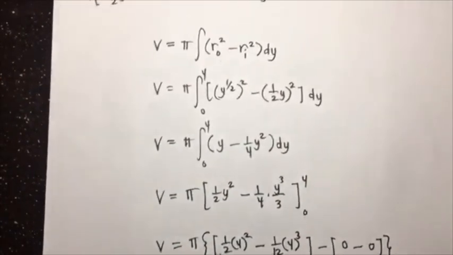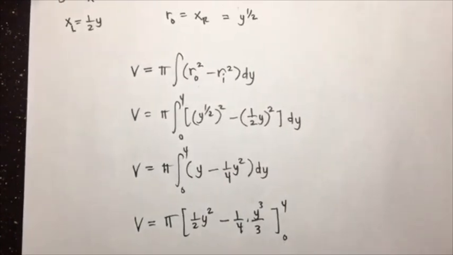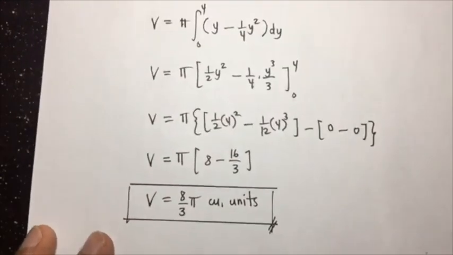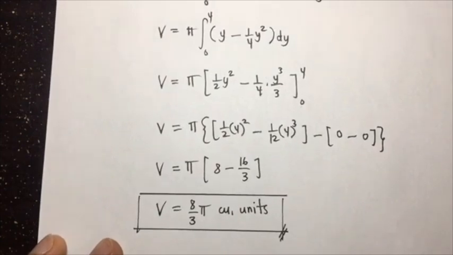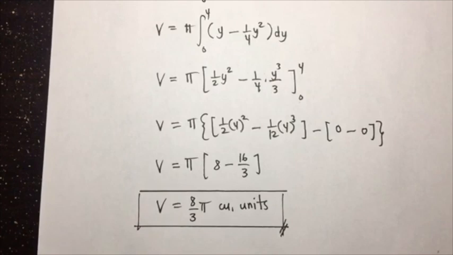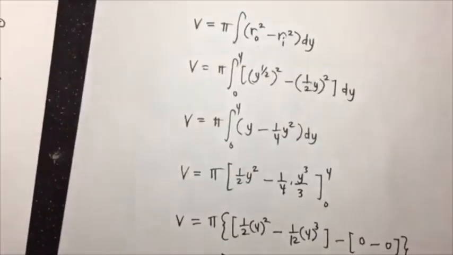Therefore, you must decide what method you are going to use, which among the three methods is appropriate and easier to use whenever you solve solids of revolution problems. Okay, so I think that's it for this example.